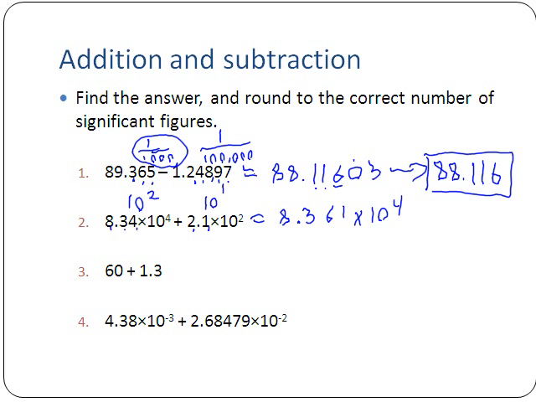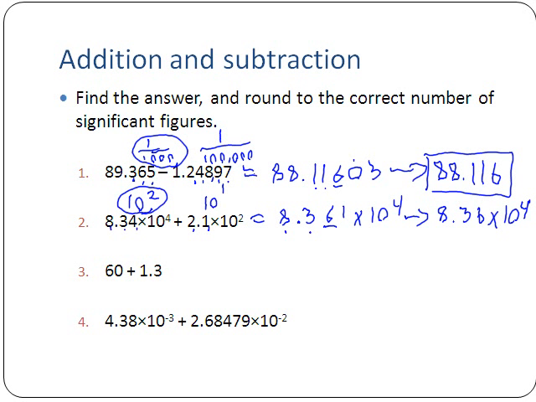Well, if you measure it to the nearest 10 to the second, that's a bigger number than 10 to the first. You're not measuring as precisely, so the 10 to the second spot. So we have 8.361 times 10 to the fourth. The 8's in the 10 to the fourth, 10 to the third, 10 to the second. It's going to be that spot right there. So our rounded answer is going to be 8.36 times 10 to the fourth power. Okay? So that's what we have for that one.